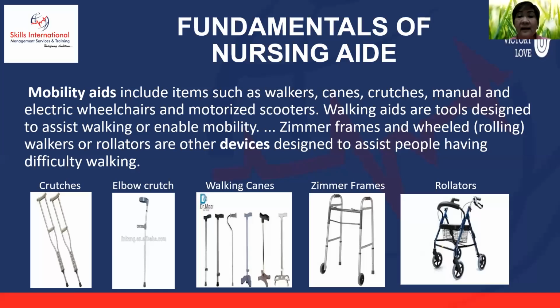They can help the patients who are unable to walk to ambulate. Examples are the Zimmer frames, the wheeled rolling walkers or rollators, which are other devices designed to assist patients having difficulty in walking. Down below, you can see the photos of those mobility aids.